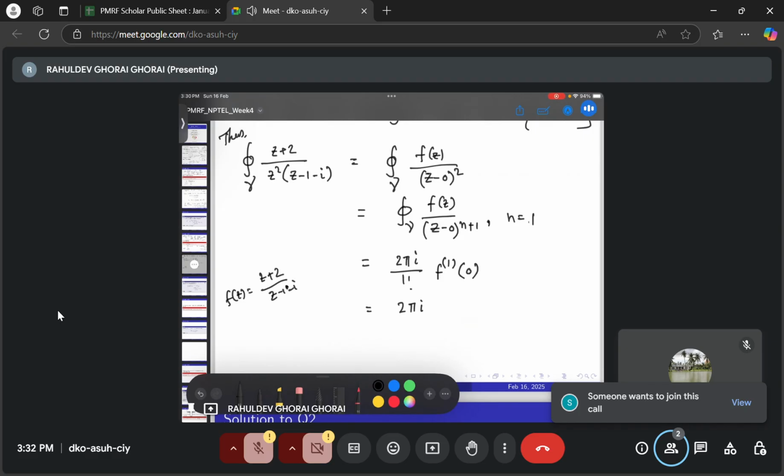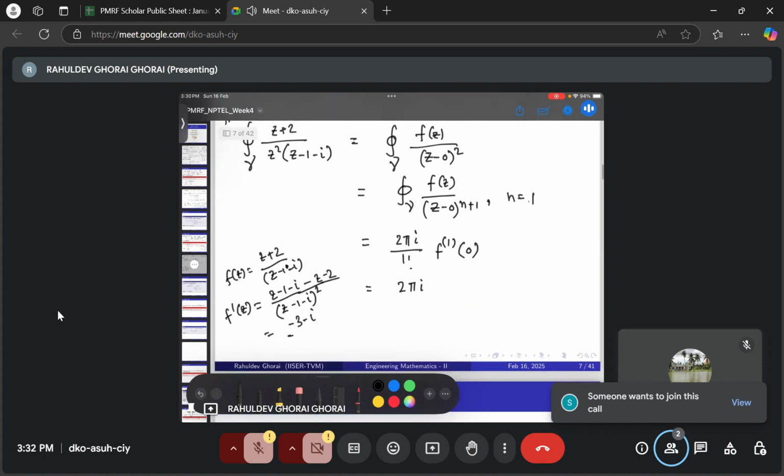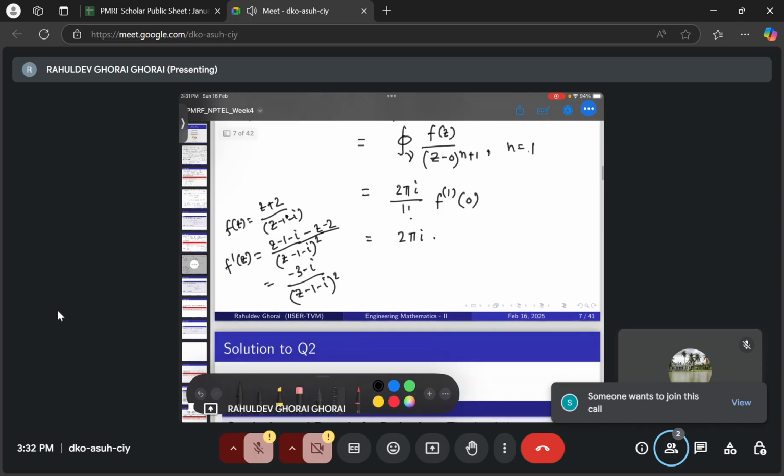So f prime of z you can compute: it will be (z minus 1 minus i) minus (z plus 2), which is minus 3 minus i over (z minus 1 minus i) whole square. So f prime at 0 will be minus 3 minus i over (z minus 1 minus i) whole square computed at z equal to 0, so the integral is 2 pi i times minus 3 minus i over (1 plus i) whole square.